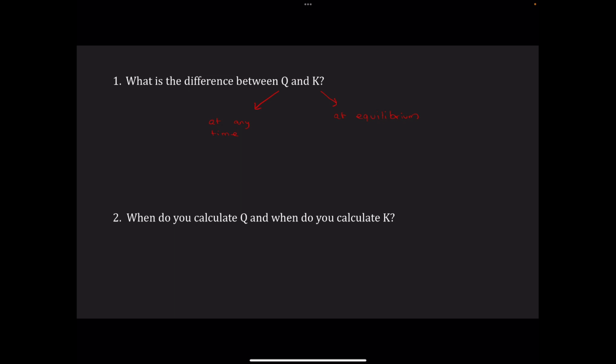Typically, if we're not sure it's at equilibrium, we just have some concentrations that we've measured, and we're trying to figure out if it's at equilibrium, that's where we're going to calculate Q. So whenever we are not sure that you are at equilibrium yet. K is if we know we are at equilibrium.